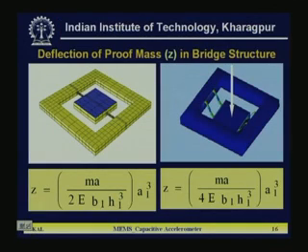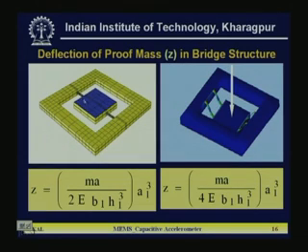Now, the deflection of proof mass in case of bridge structure. So, in a bridge structure the seismic mass is held between two flexures. You can see the flexures which connect the seismic mass with the frame are not always at the top surface or at the bottom surface. The diagram shows it is at the central position.